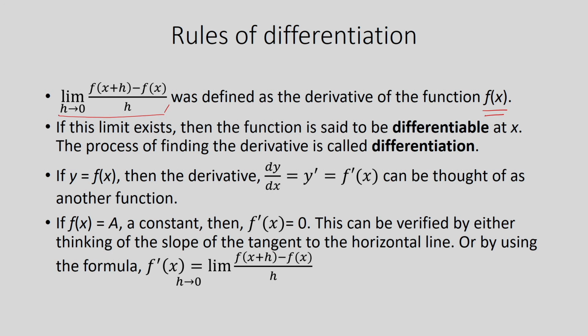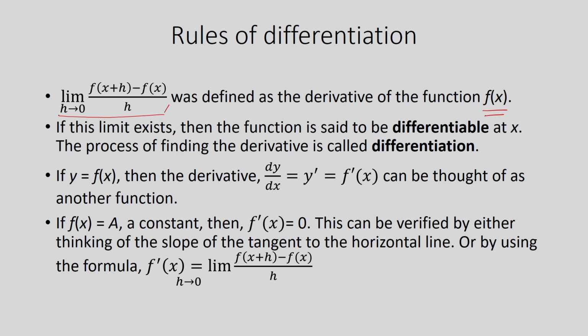So, this is called the derivative: limit of h goes to 0, f of x plus h minus f of x divided by h. If this limit exists, then the function is said to be differentiable, right, and we have seen that the limit may not exist in many cases, and if the limit does not exist, then the function is not differentiable.